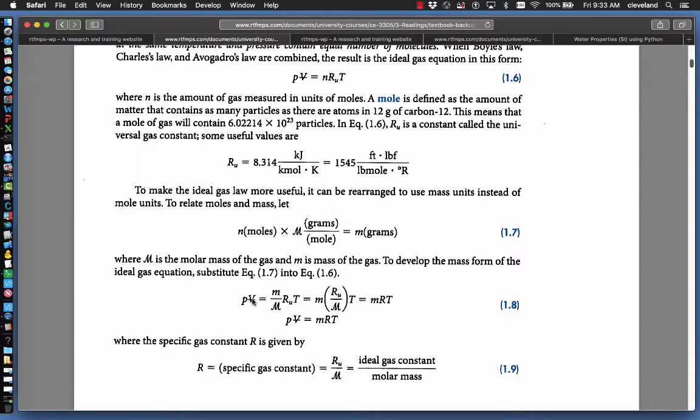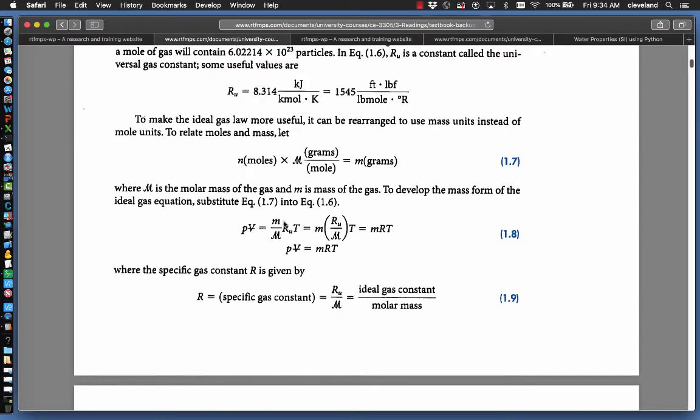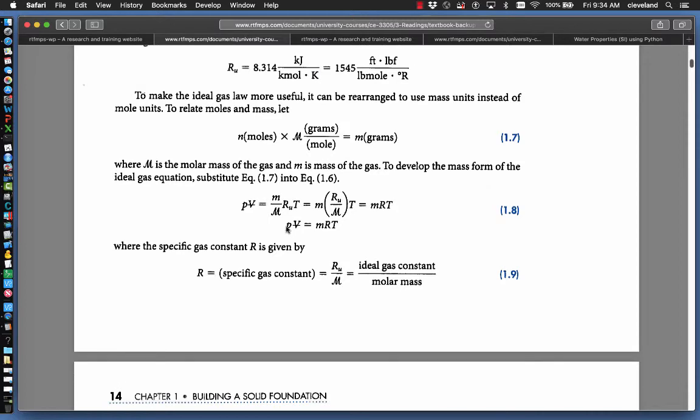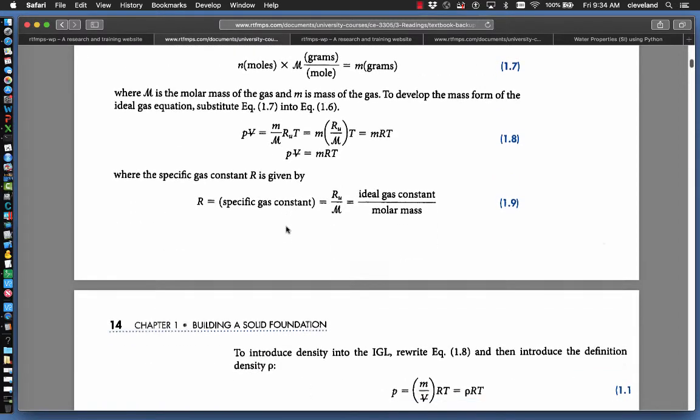T is temperature, V is volume, P is pressure, and I learned it with pressure in atmospheres, volume in liters, and temperature in degrees Kelvin. So liter atmospheres per Kelvin mole will be the units of R, the ideal gas constant.